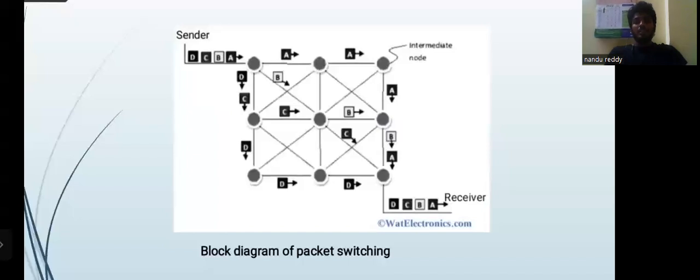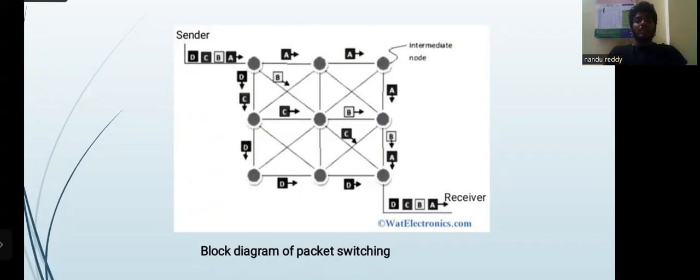First, A travels from an intermediate node this way, B travels this way, then C came this way and D came this way.